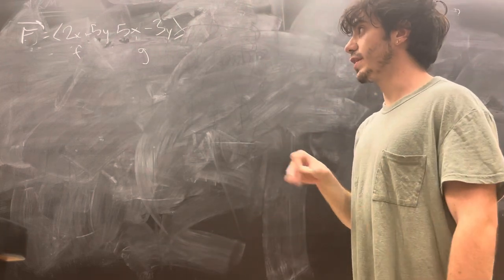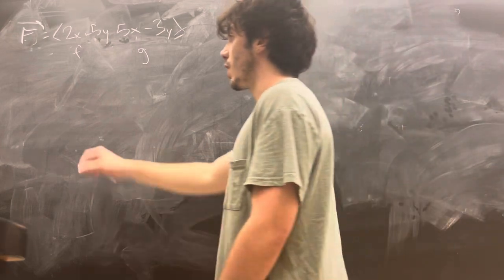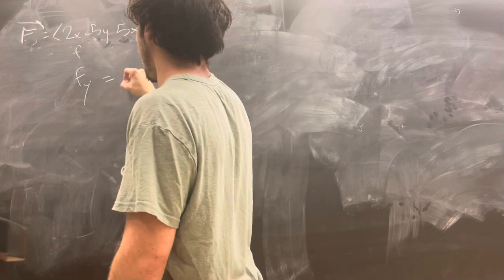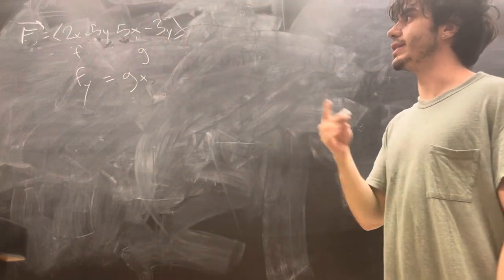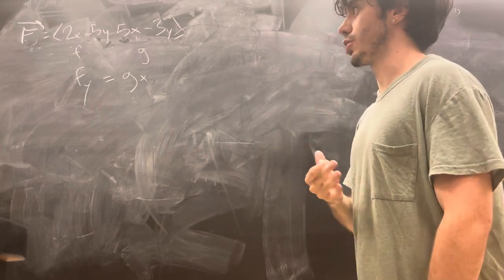Now, to verify that this vector field is conservative, the following condition must be met, where we have the partial of f with respect to y must be equal to the partial of g with respect to x. Now, why is this the case? We're going to go ahead and assume that we have a conservative vector field here.